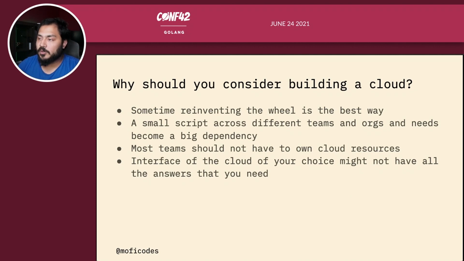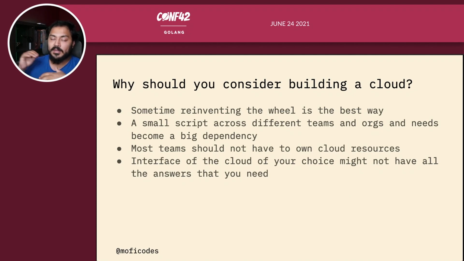Most teams should not have to own cloud resources. If you're using public cloud of any kind, and each of the teams is responsible for understanding how different cloud resources work and how to do things in the cloud, you are creating a dependency on this cloud.